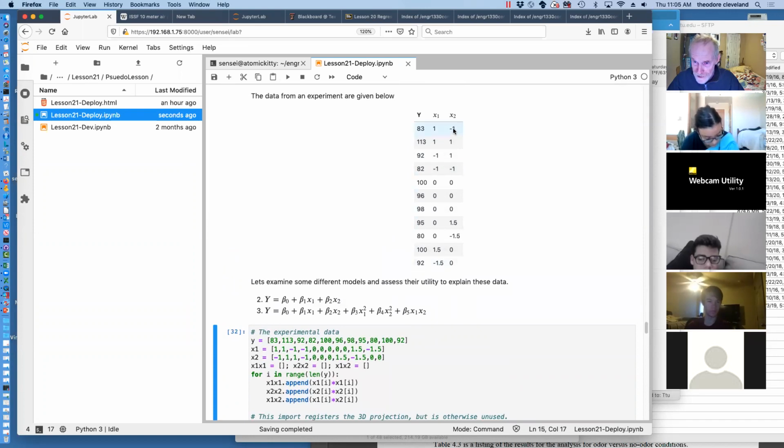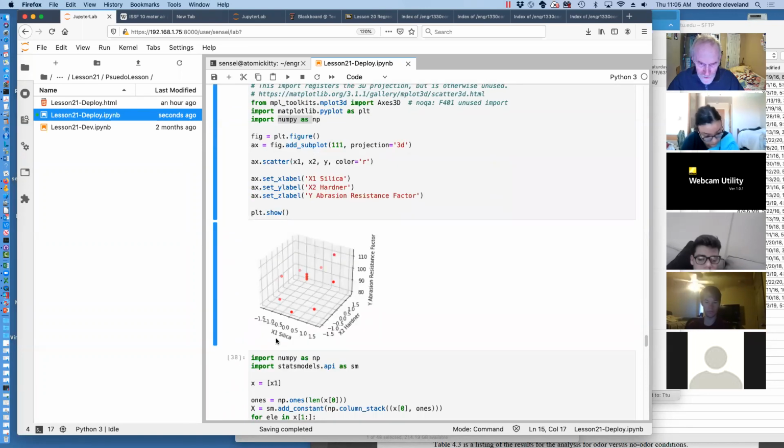Our values of x2 go from 1.5 to minus 1.5. So we would expect this plane to go from minus 1.5 to 1.5, minus 1.5 to 1.5, and you'll notice it's a weird numbering. This is going minus to positive from left to right. This one's going minus to positive from front to back.